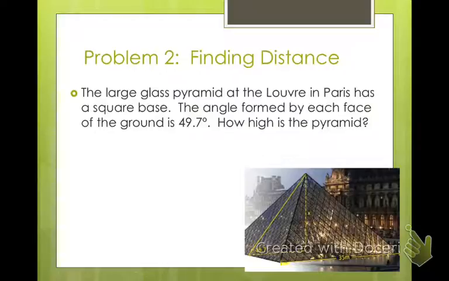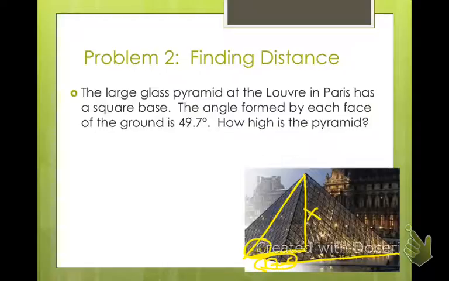So if we know the whole way across is 35 meters, what's going to be halfway across? Well, half of 35 is 17.5. So we have an angle, we have a side, and we want the opposite side.